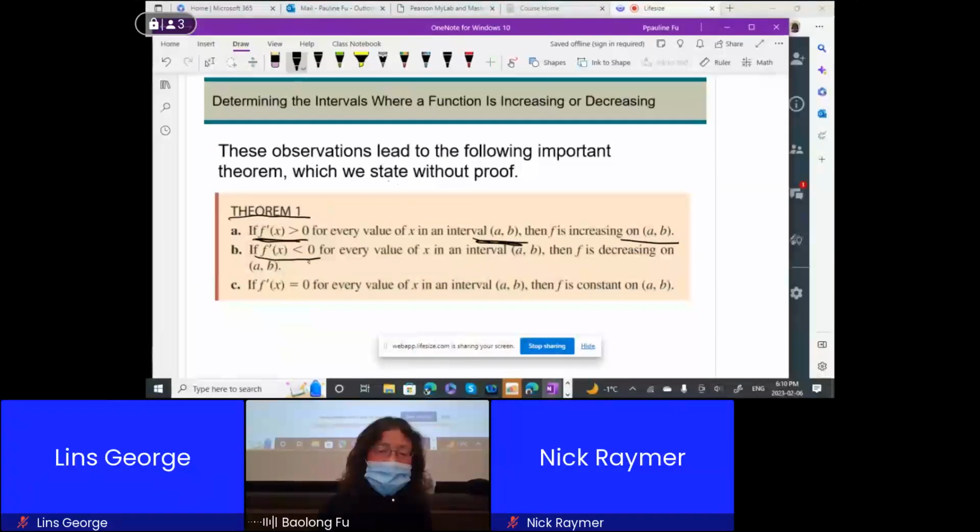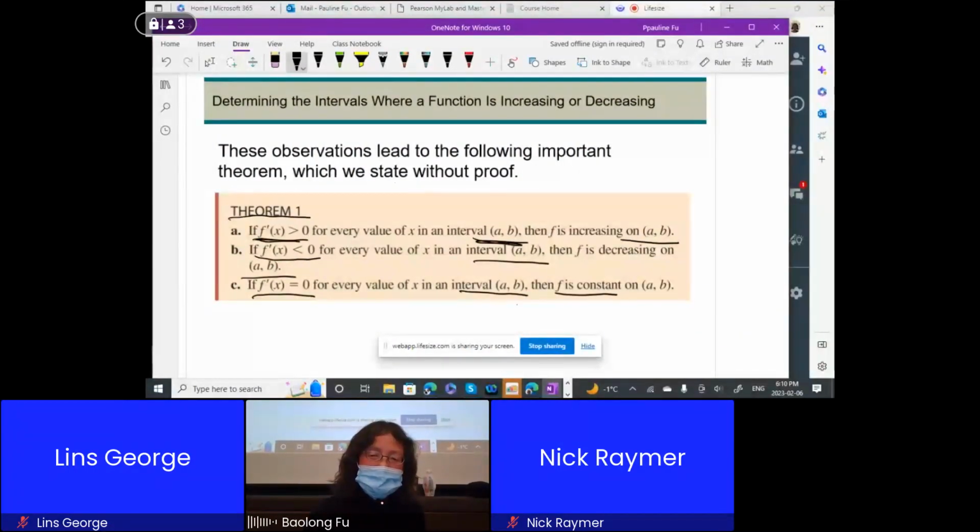If derivative is smaller than 0 in interval AB, f is decreasing in AB. And how about if derivative equal to 0? When derivative is equal to 0 in interval AB, f is constant on AB. It does not increase, does not decrease. It is a constant.